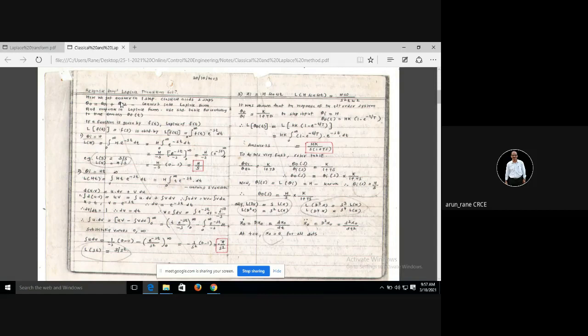You have seen already how to do mathematical modeling, how to go from the basic equation, as well as how to find the transfer function by your block diagram reduction method. Control engineering is nothing but handling this transient response and steady state response.